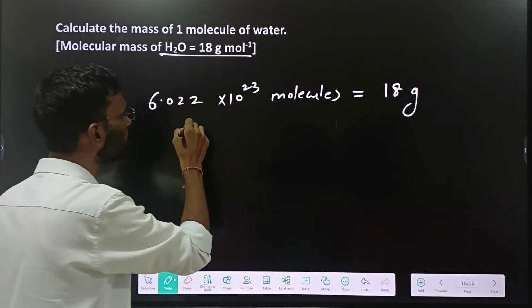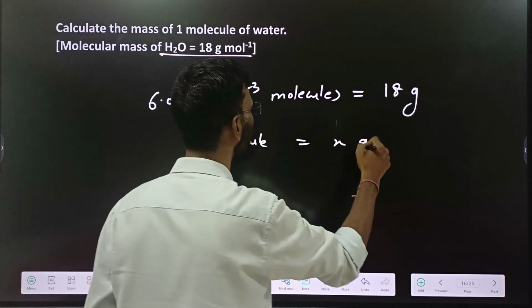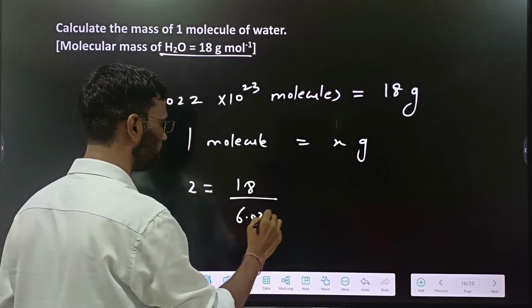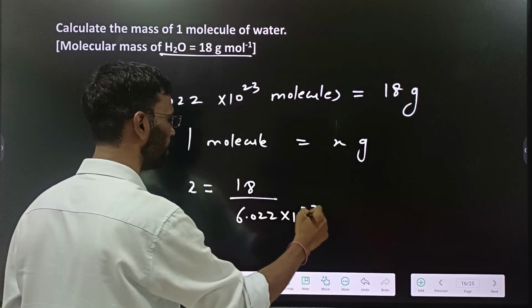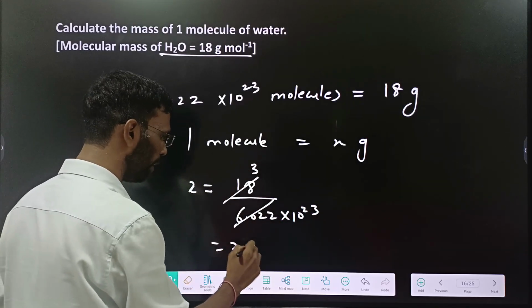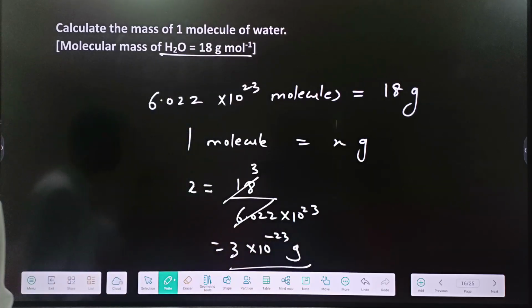Right? So what is the mass of 1 molecule of H2O? X gram. So X will be 18 upon 6.022 into 10 raised to 23. I'll solve this approximately. 6 3s are 18. So 3 into 10 raised to power minus 23 gram is the mass of 1 molecule of water.